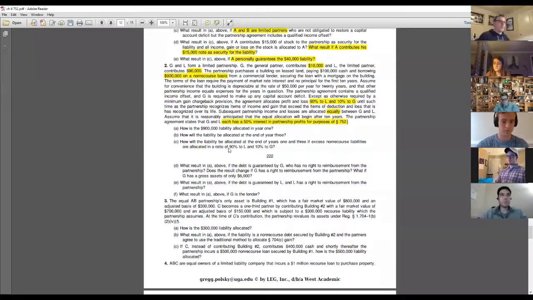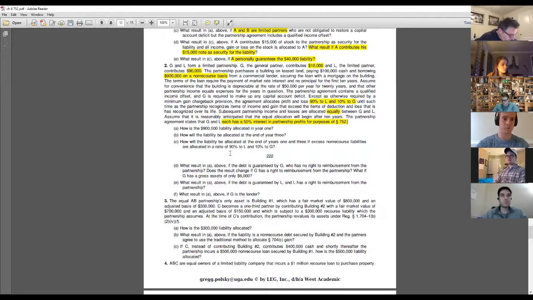All right, in D, I'm not really all that worried about D, E, and F. Just go through it really quickly. Again, A, B, and C are by far the most important things in this problem.